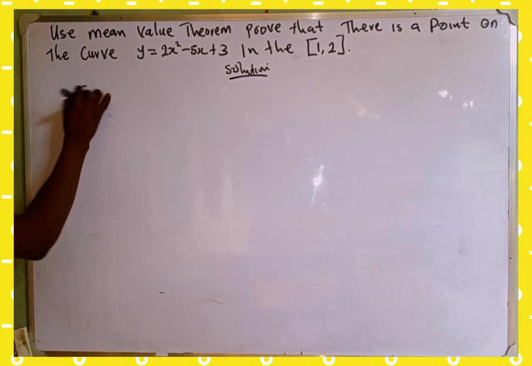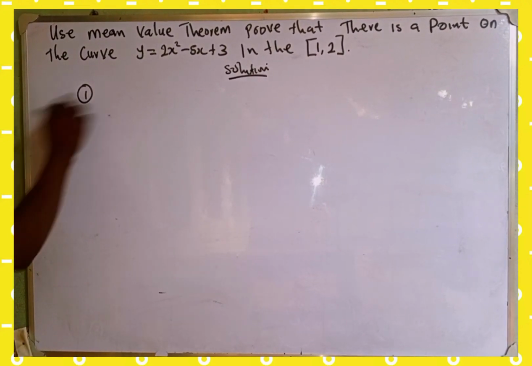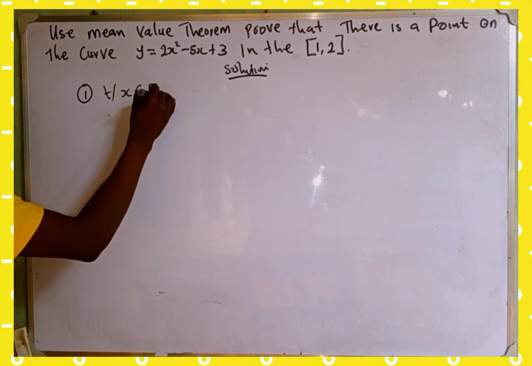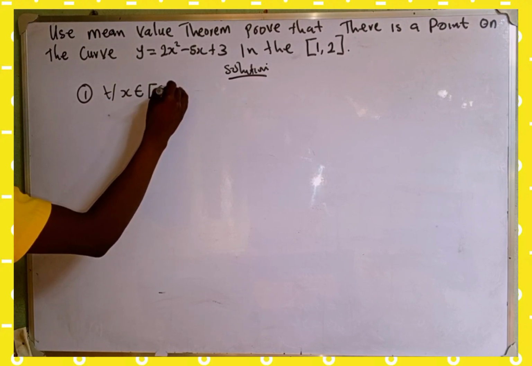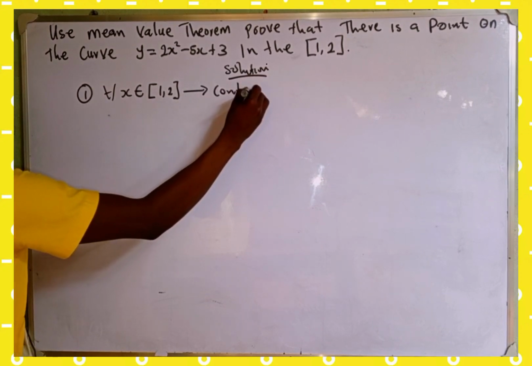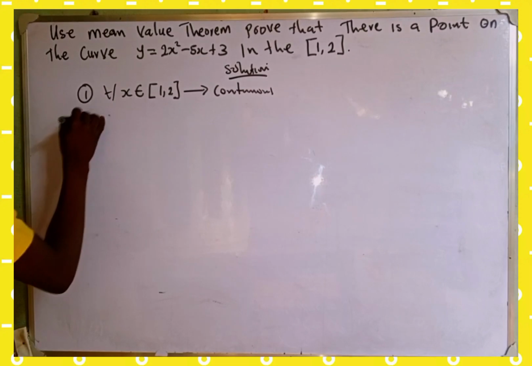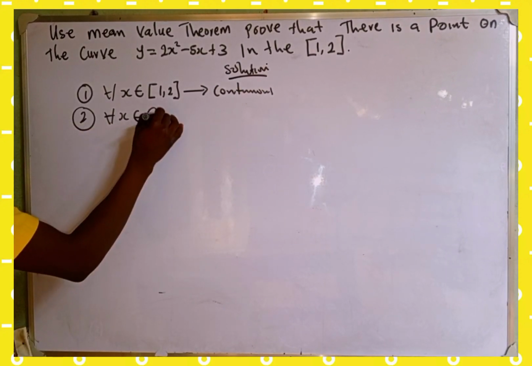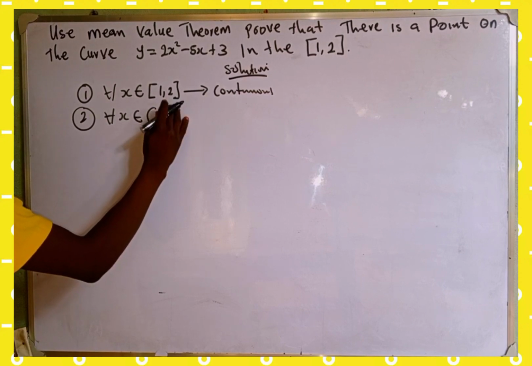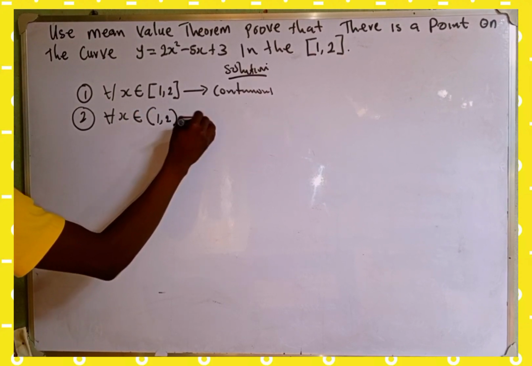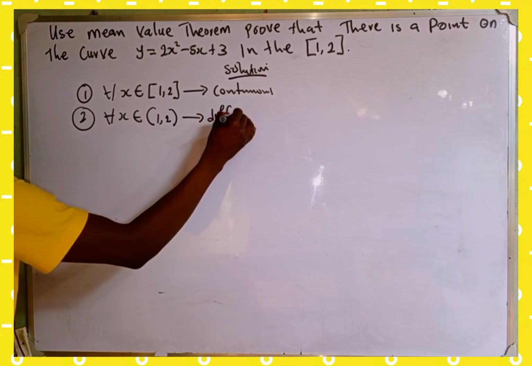Condition number 1: for all x that is an element of the closed interval 1, 2, the function must be continuous. Condition number 2: for all x that is an element of the open interval a, b, which is the same as 1, 2, the function must be differentiable.